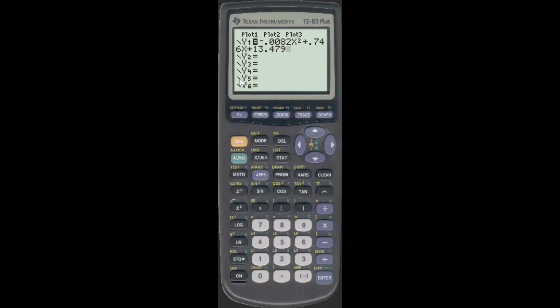All right, I'll have it entered. You do or do not? I'm getting it down. Should I put y2 equals 6x plus 13?